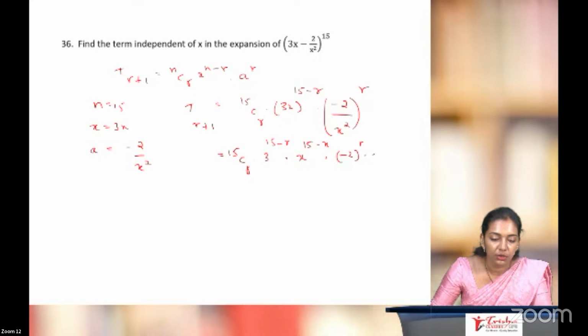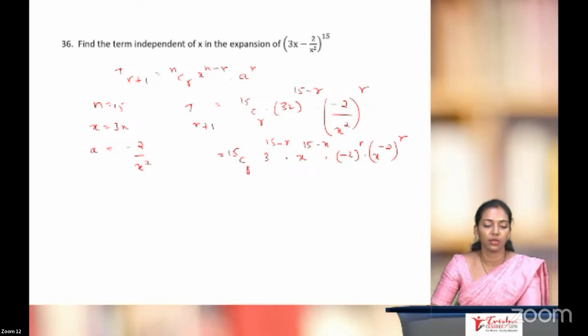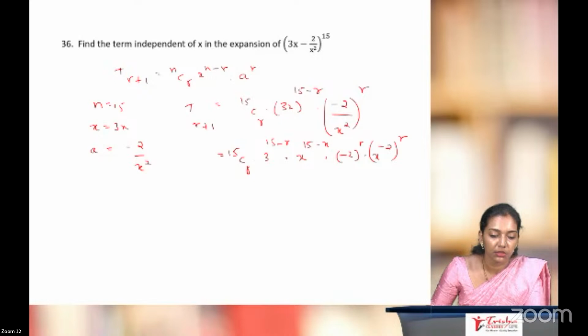Separate them. I just separated the power: (a into b) whole to the power m, you can write as a power m into b power m. So 15Cr into 3 to the power 15 minus r, x to the power 15 minus r, and here it is minus 2r, into minus 2 to the power r.